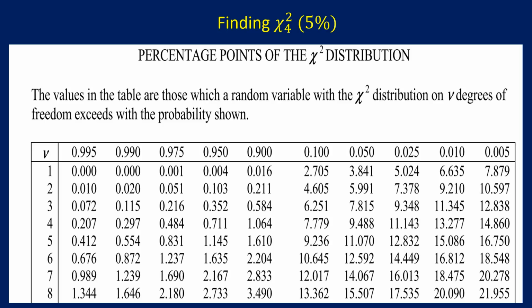So we have to look here for nu, that Greek letter that looks like a V. We go down to 4 because remember, we have 4 degrees of freedom. And then find the probability that we're testing it at. So 5%, and you can see here, at the 5% significance level, we've got 9.488.